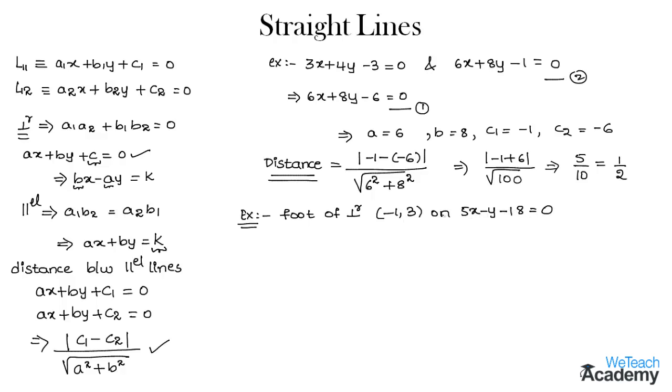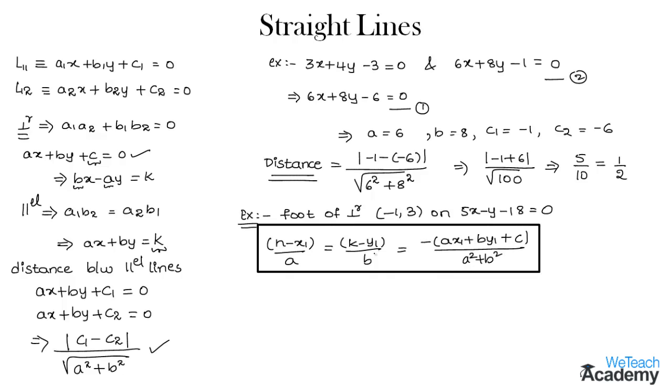So let us assume the foot of the perpendicular as h, k, so that the formula which we can use over here would be h minus x1 divided by a is equal to k minus y1 divided by b is equal to minus of ax1 plus by1 plus c divided by a square plus b square. So this is the formula to find the foot of the perpendicular from the point x1, y1 to the straight line ax plus by plus c equal to 0.